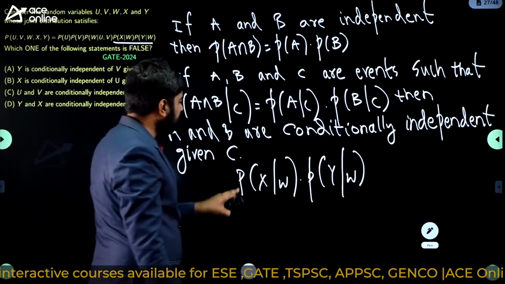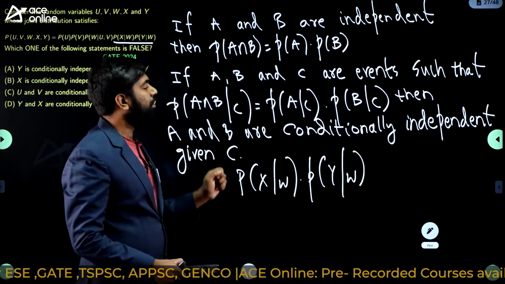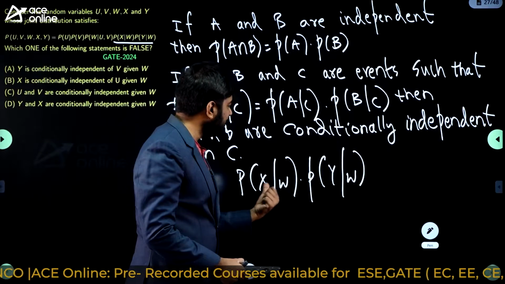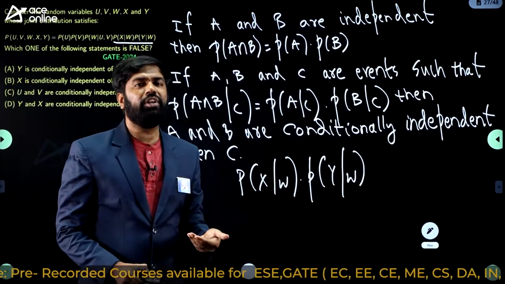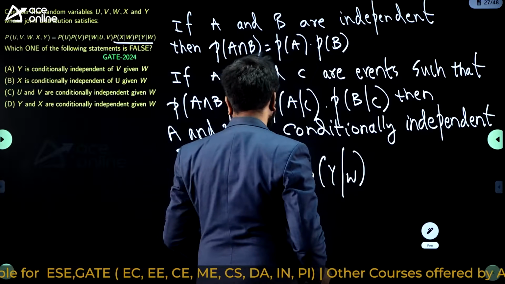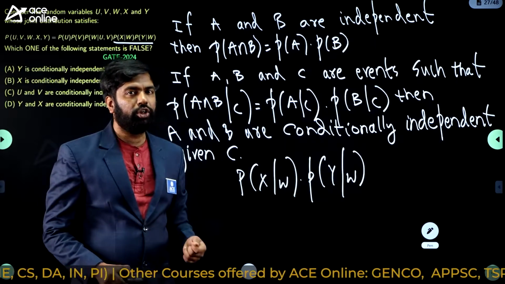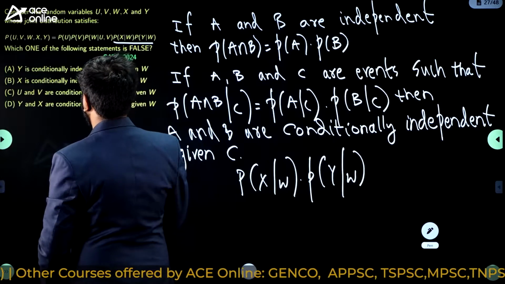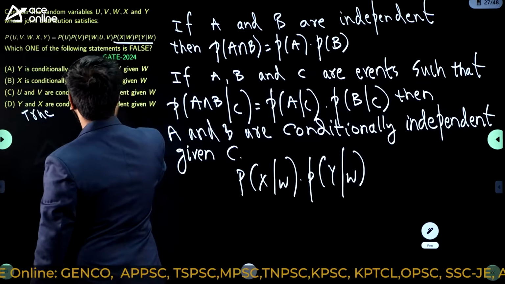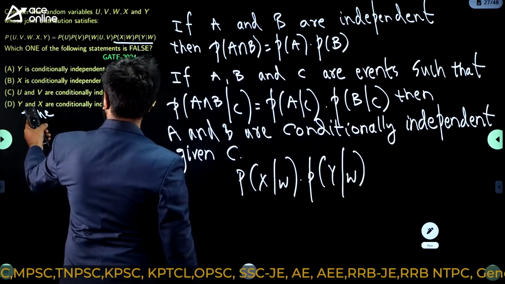Which indicates that, just like the way you wrote A and B are conditionally independent given C, in the same way you can claim that x and y are conditionally independent given W. So, yes, this is a true statement, but what is our duty? Our duty is to identify a false statement. So, this is a true statement.